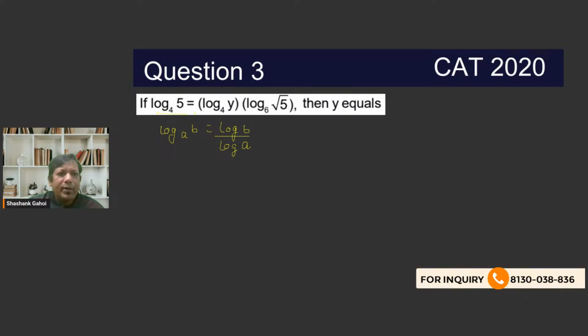So I'm going to write this as log 5 upon log 4. Then on the RHS, I am going to get log y upon log 4. And because it is a square root, square root means power 1 by 2. So into bracket 1 by 2 log 5 base 6. So from here I can say this cancels out.